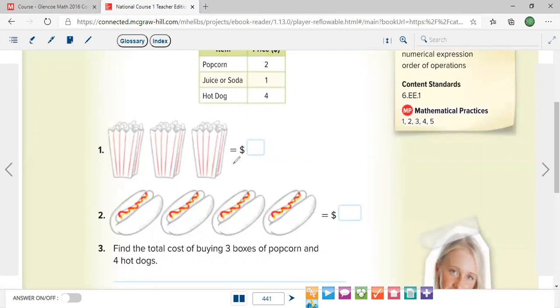One popcorn is $2, so the cost would be $6. 4 hot dogs: one hot dog is $4, so 4 hot dogs cost $16. Find the total cost of buying 3 boxes of popcorn and 4 hot dogs. So 6 plus 16 will be $22.